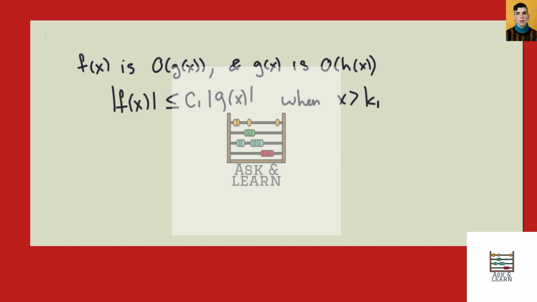And similarly, by the same definition, we know that g of x is less than or equal to a second constant c2 times the absolute value of h of x when x is larger than some other k, right? So we'll call this one k2.